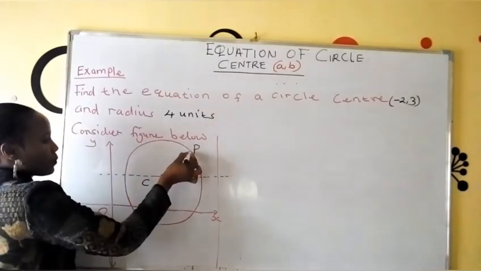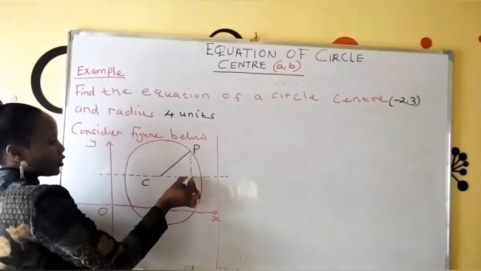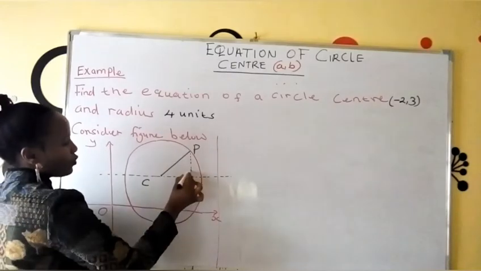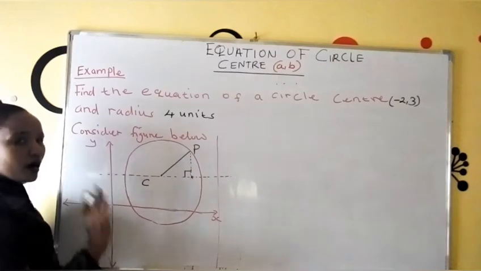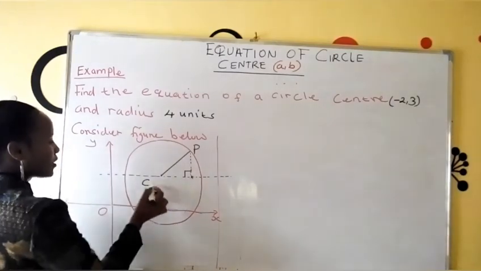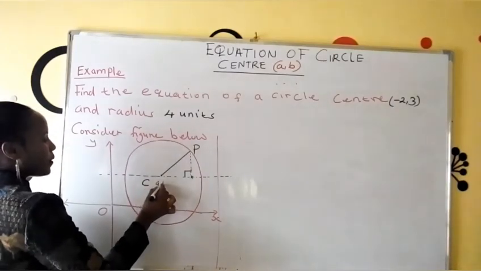Now if we drop this point to this line, we will form a right angled triangle, and this point being (a, b).